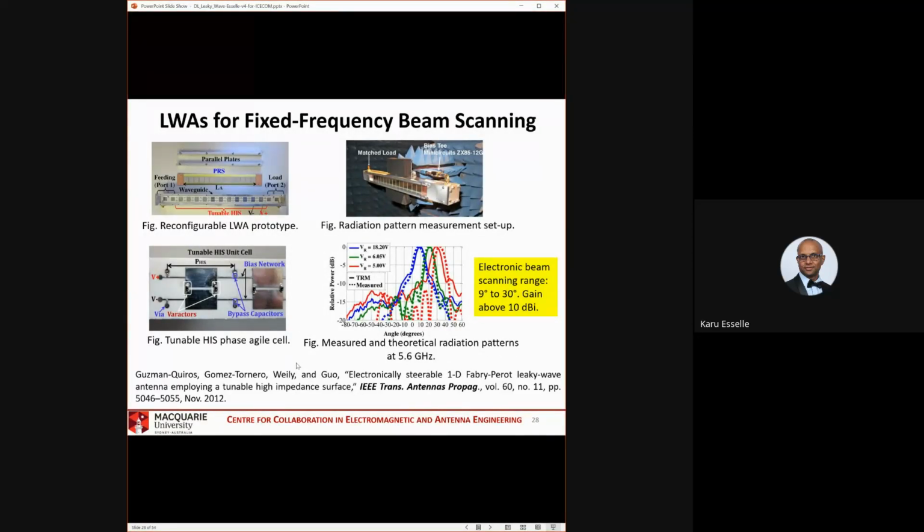Andrew Wiley was my postdoc before. He published, I will describe that in my other lecture on resonant cavity antennas. And then he moved to CSIRO and worked with this group with the collaborators, and he extended it to a reconfigurable antenna.